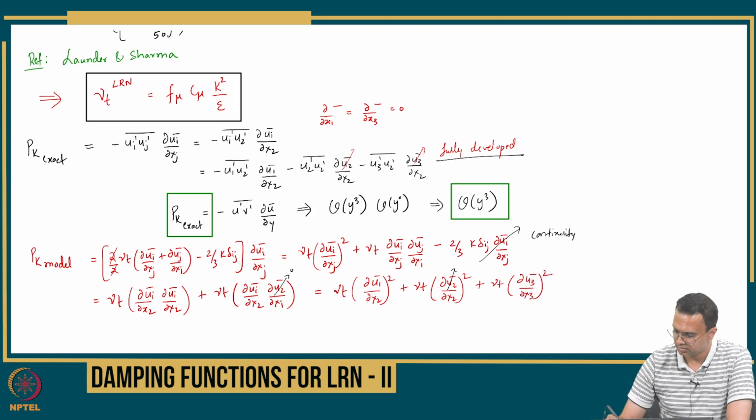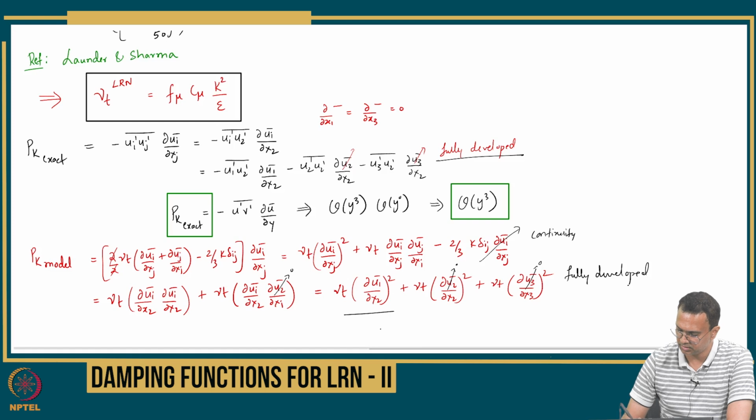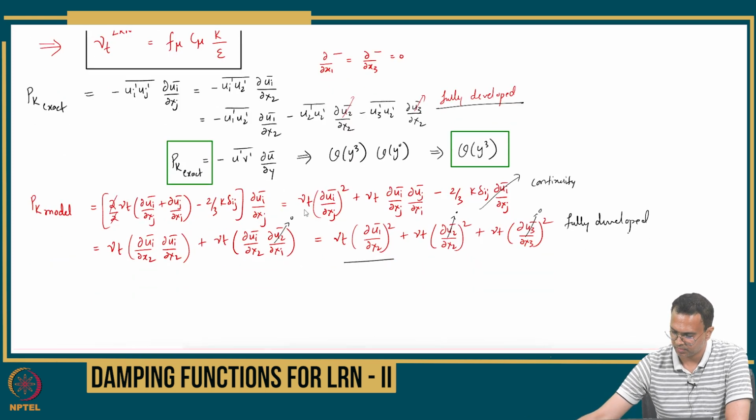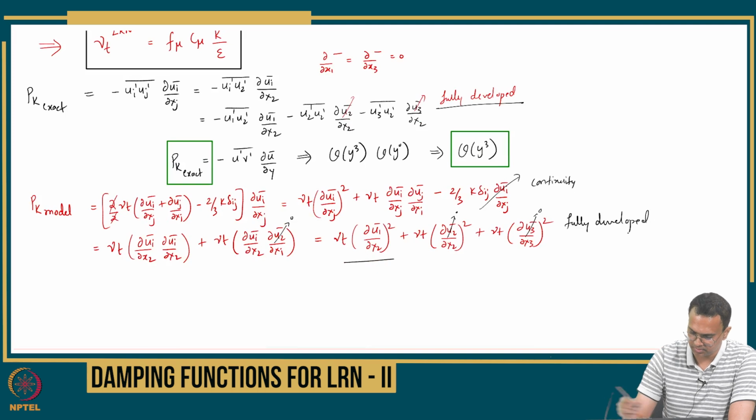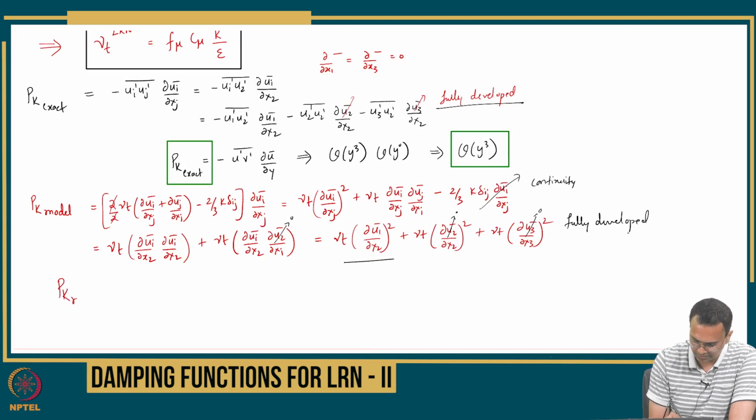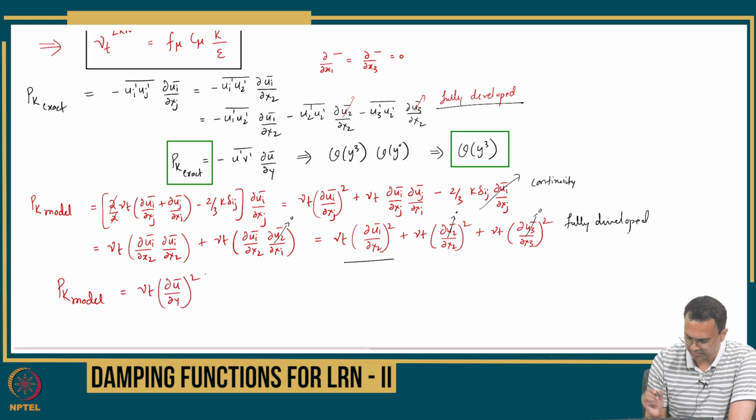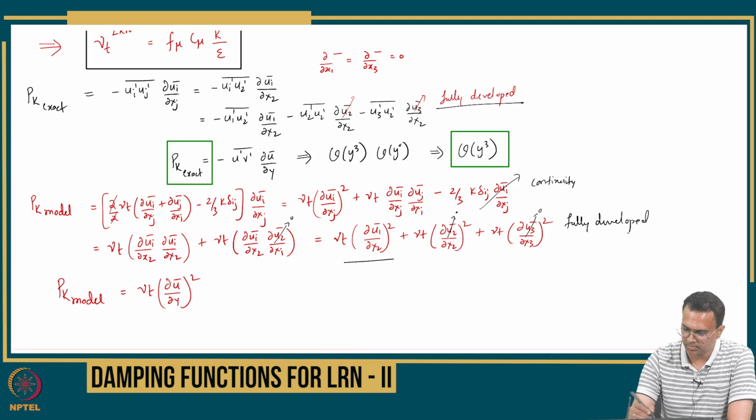Again u2 and u3 vanish under the fully developed condition, so these two go away, making only one term remain here. So I get Pk model is equal to nu t dou u bar by dou y whole square. So this is what I am getting now.